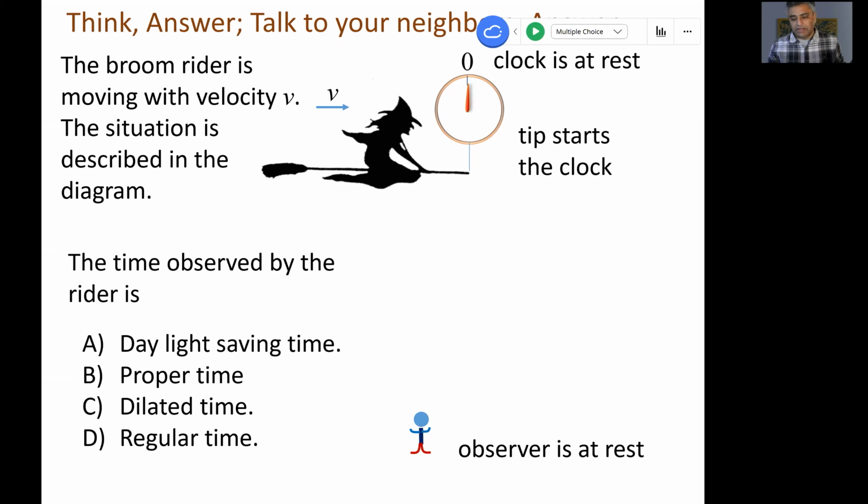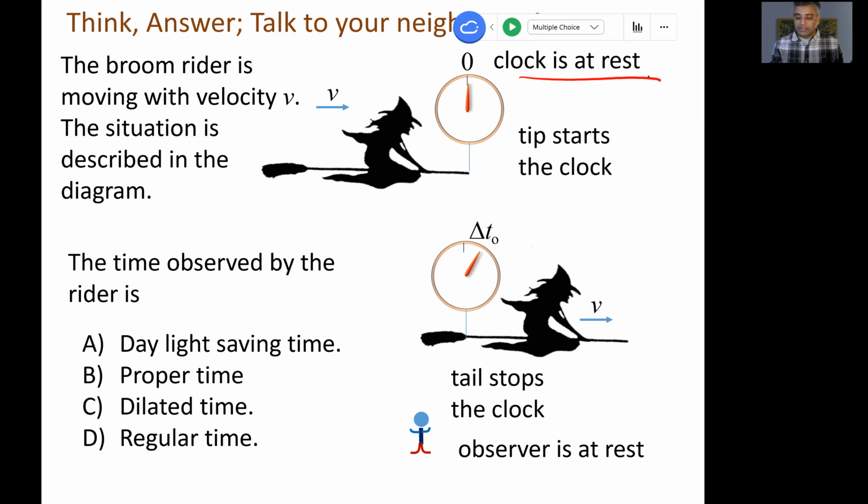So now that's about time. How about length? Let's start from the time and then we can move to the length. Here is a question for you. The clock is on the wall, at rest, and this rider is of course moving with speed v, so there is relative speed between the clock and the rider.